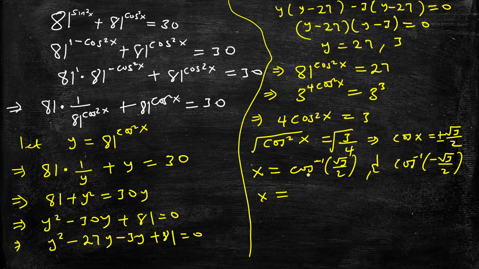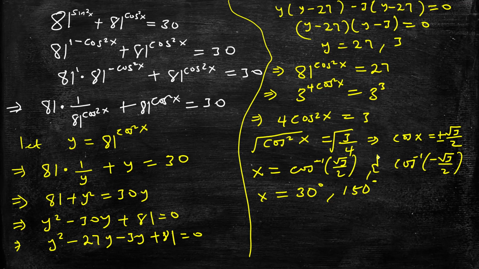Using the calculator, cos inverse of root 3 on 2 is 30 degrees, then the negative part will be 150 degrees.